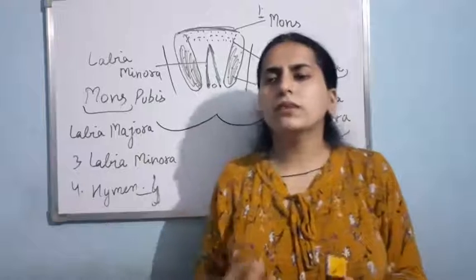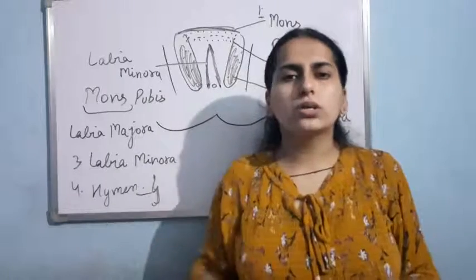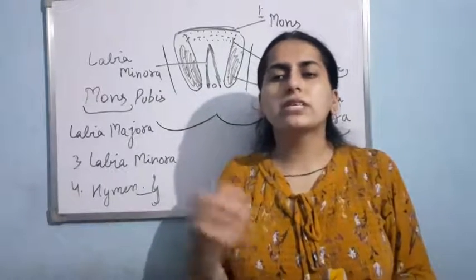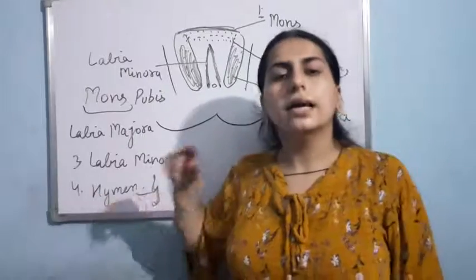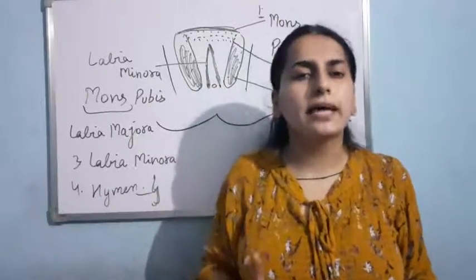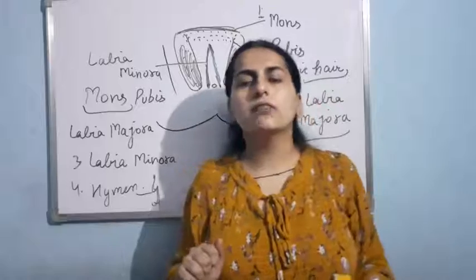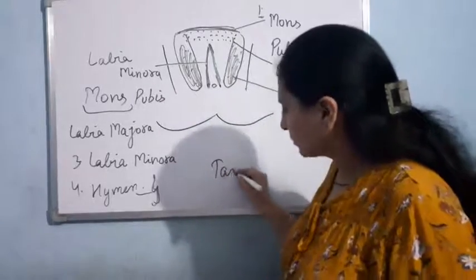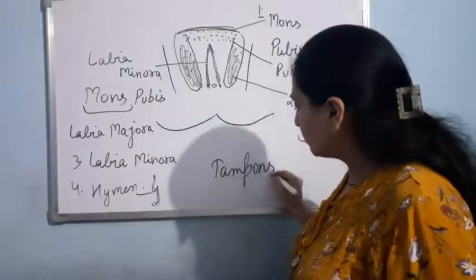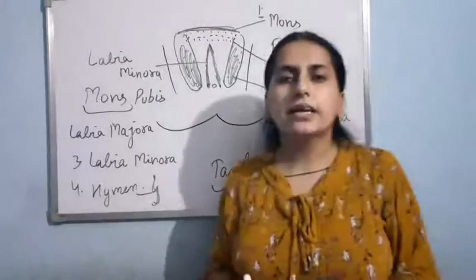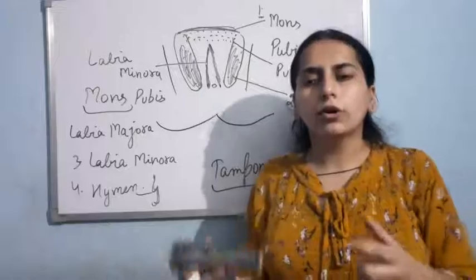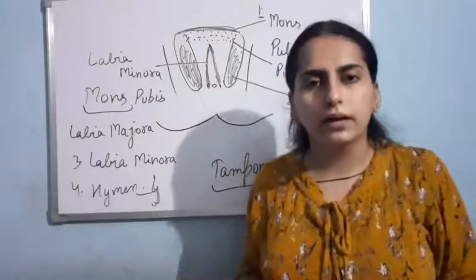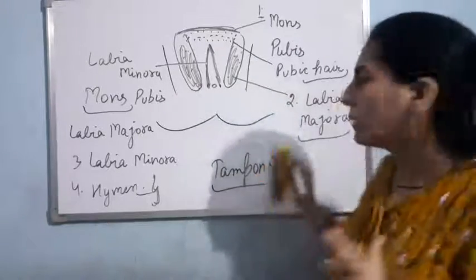But sometimes if a female is doing horse riding or some kind of physical exercise, this hymen may get torn at that time also. Or using the vaginal tampons. What are tampons? Generally in India, the female, in order to collect the menstrual blood, they used to use cotton pads.